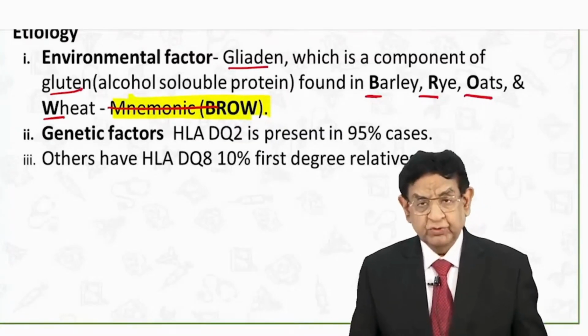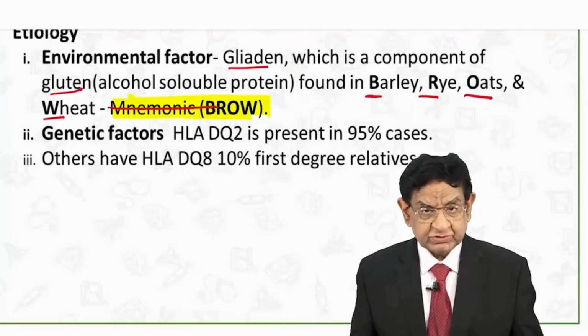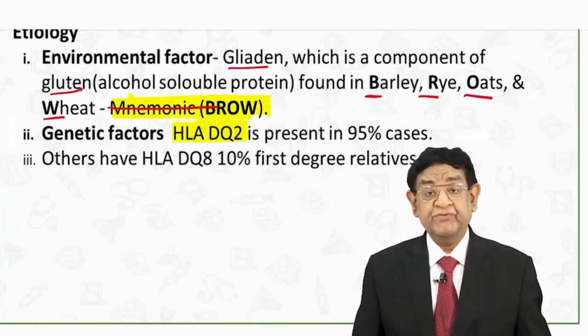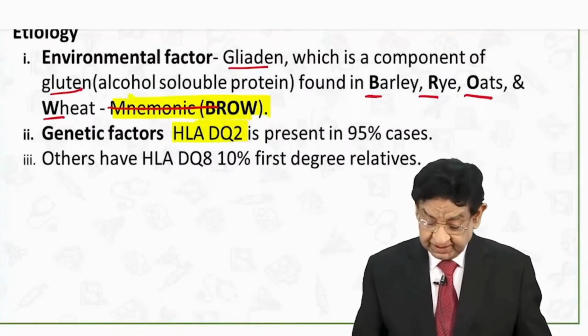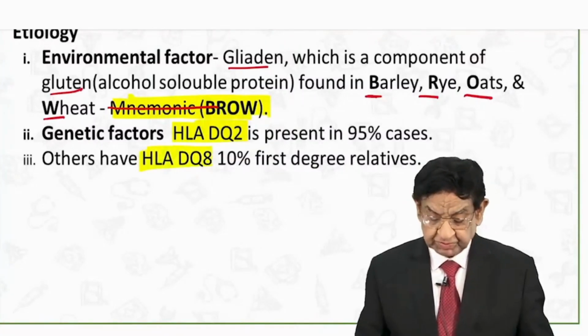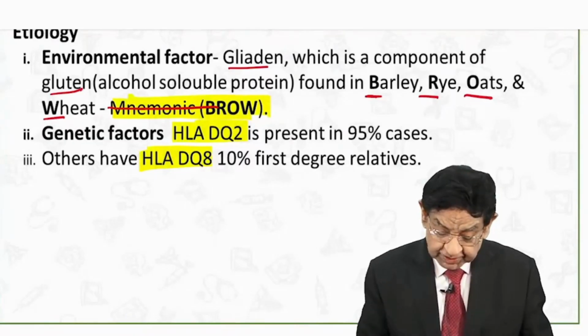So one is the food element, but it is also an HLA associated disease, HLA-DQ2. It is there in 95% of cases, and around 10% can have HLA-DQ8. Okay, so point to be noted, there are two things to remember.